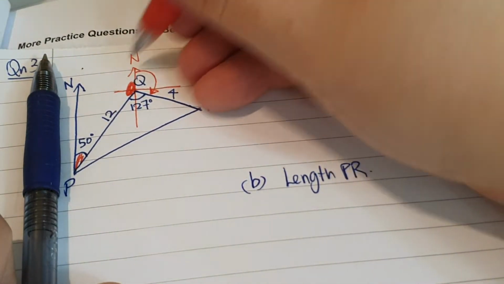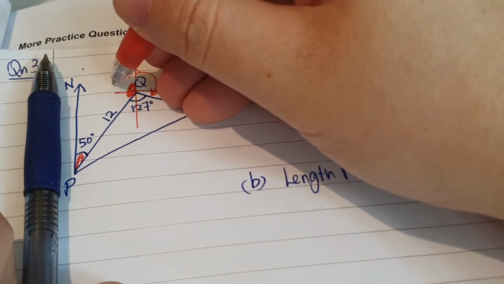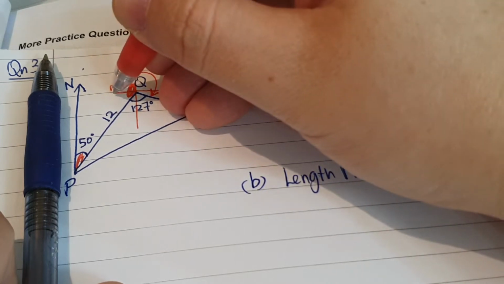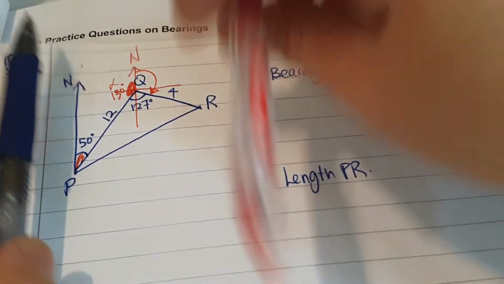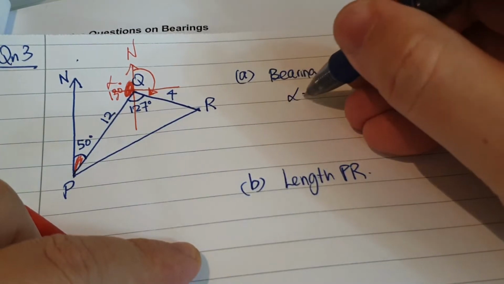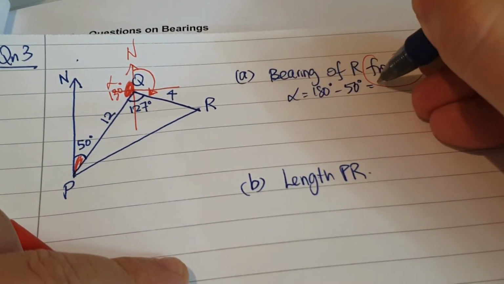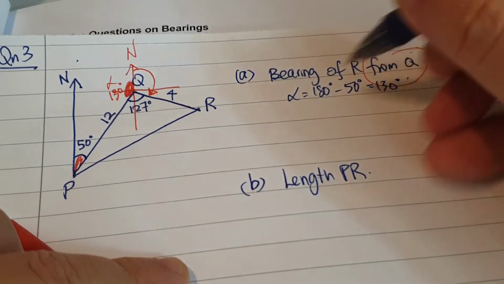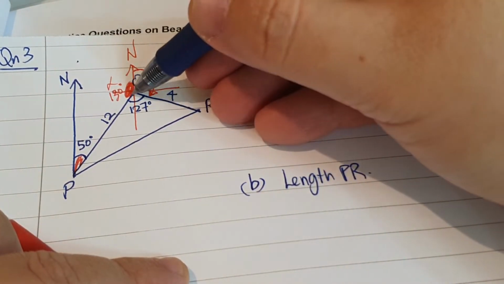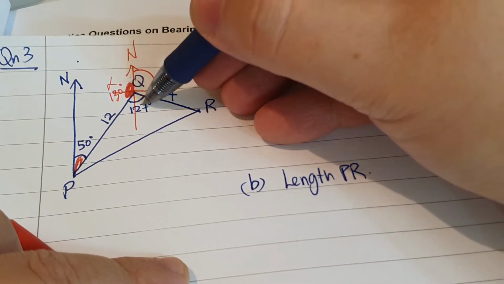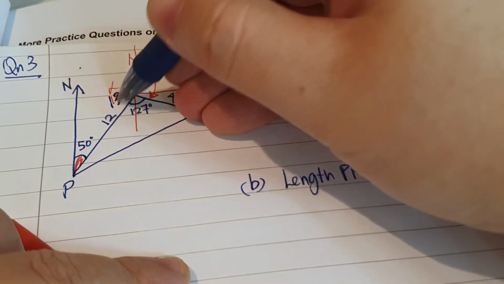So this, if I call it alpha, this angle is going to be 130. So this alpha is, okay, and I label on my diagram. Now once I know this, I can take 360 minus this, and that will be my answer. Okay, I label in the blue.